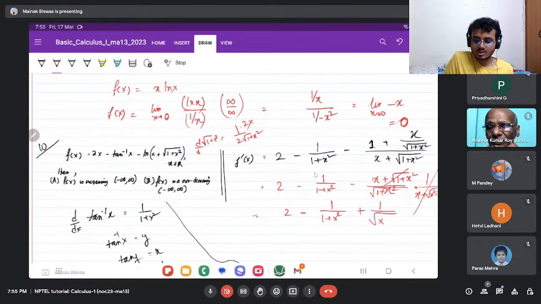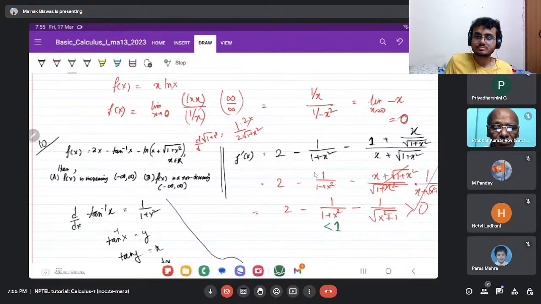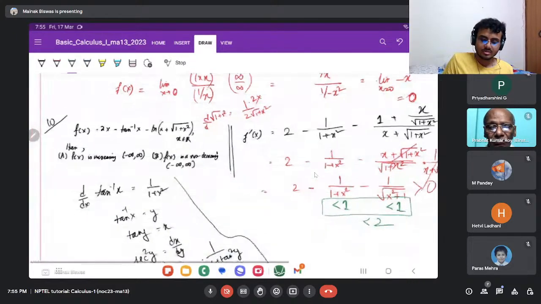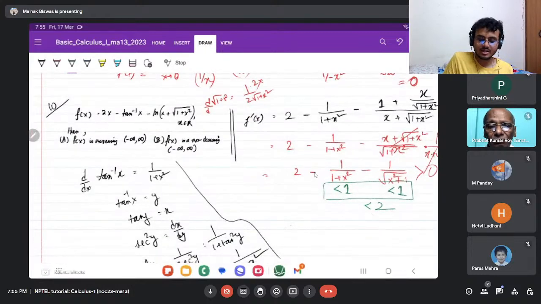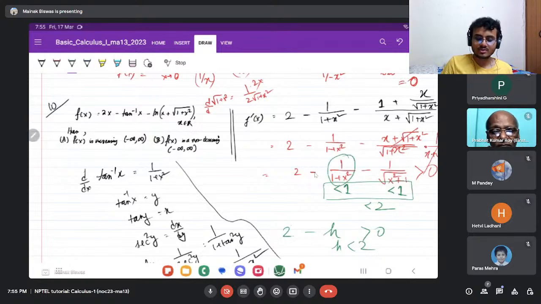Do you agree that this is always greater than 0? This is less than 1 and this is less than 1, right? So if you sum these two, it is less than 2, right? So if you subtract a number less than 2 from 2, it is greater than 0, correct? Yes, sir. So 1 by 1 plus x square is always less than 1 because the denominator is something more than 1.